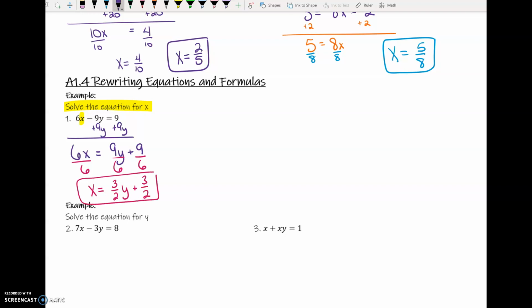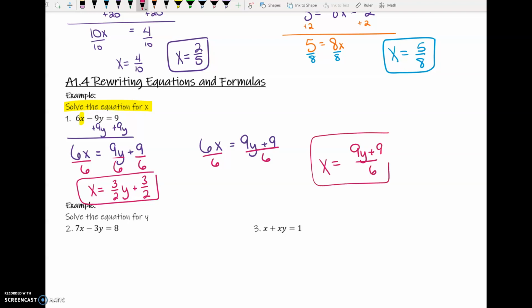Now, the other thing that you can do when you have it at this step, 6x equals 9y plus 9. If I'm dividing the left side by 6, I can divide the entire right side by 6. So then my answer would be x equals 9y plus 9 over 6.